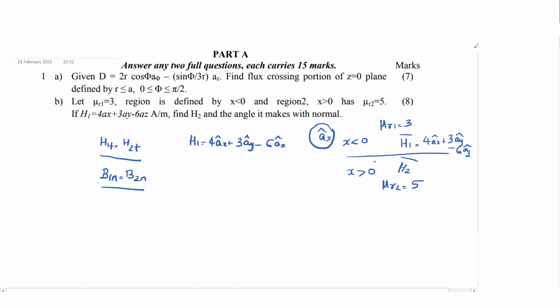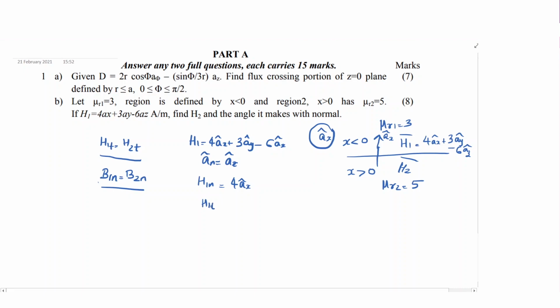So the unit vector will be AX, so the normal component AN will be AX. Based on that, H1n will be the x component, which is 4AX.